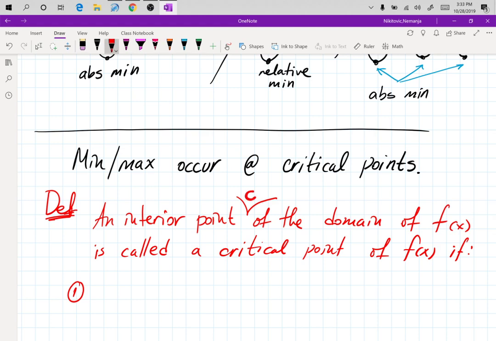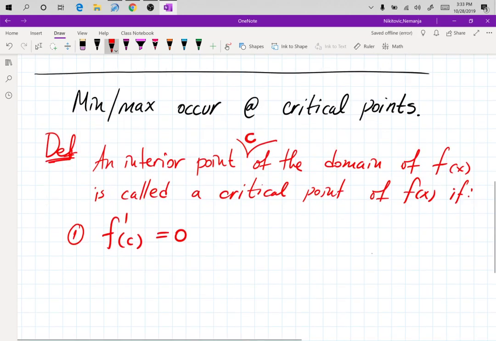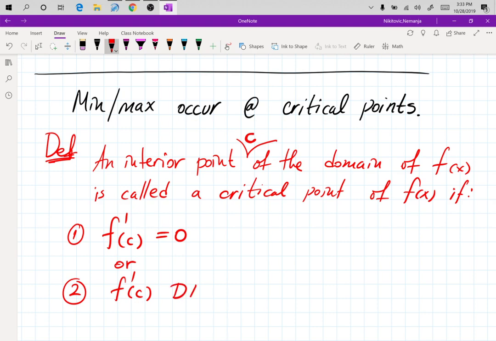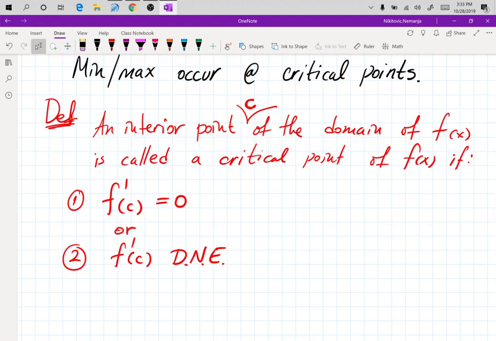That's the name for the point, because now I have to write f prime of c equals 0, which means that the derivative is equal to 0. Or, number two, f prime of c does not exist.